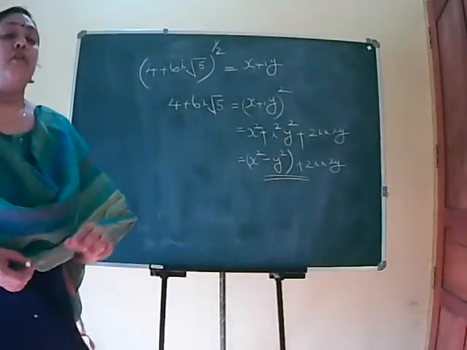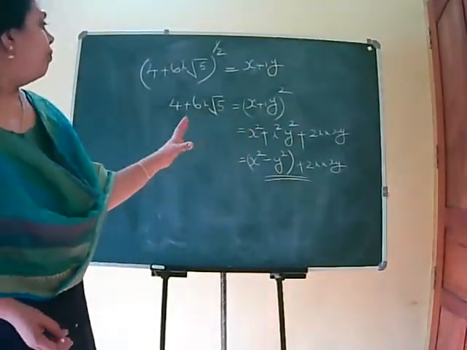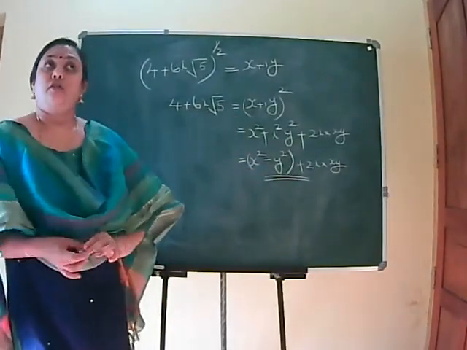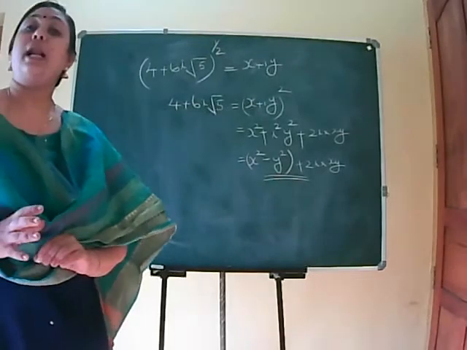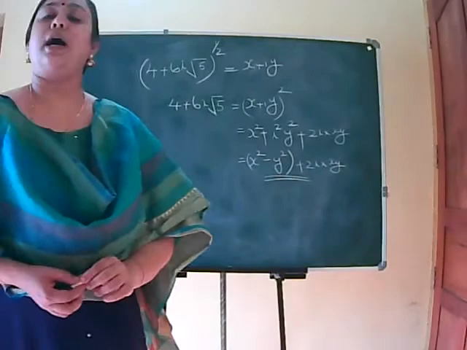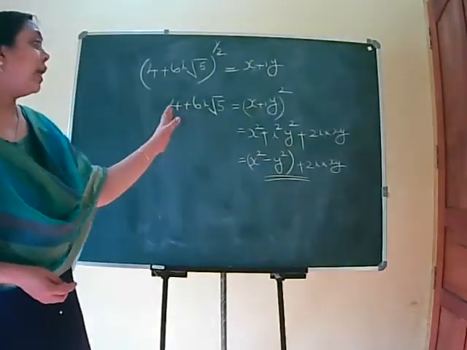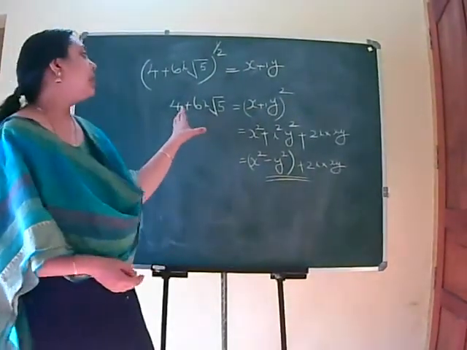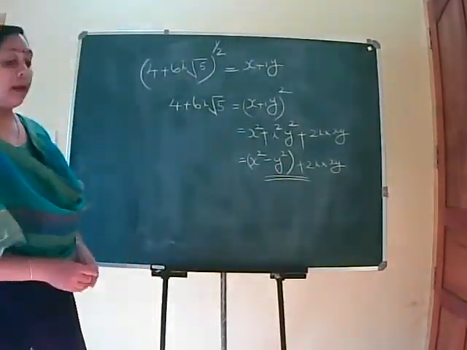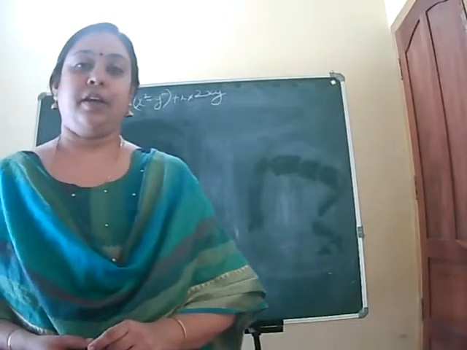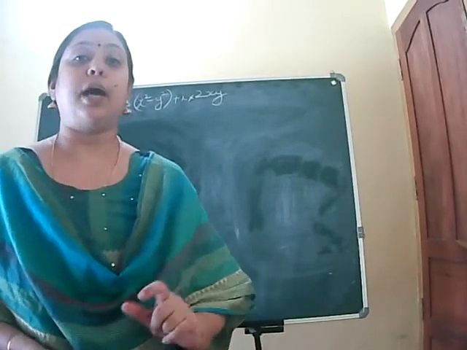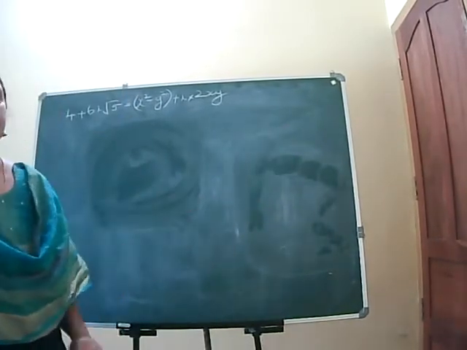Okay. We know that when two complex numbers are equal, we can say that its real parts are equal. Similarly, its imaginary parts are equal. So we can equate the real parts and imaginary parts of these two expressions. Now we equate the real and imaginary parts of these two equations.